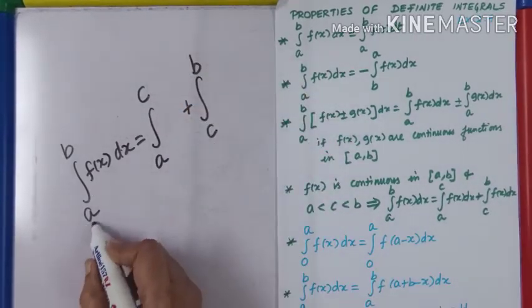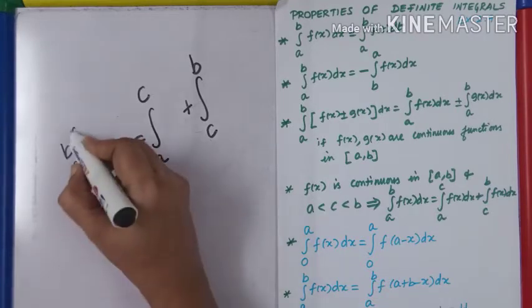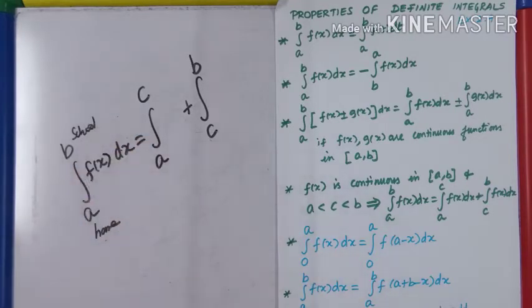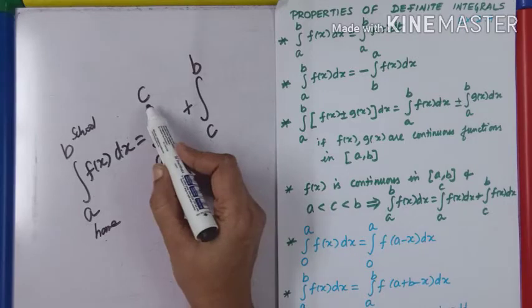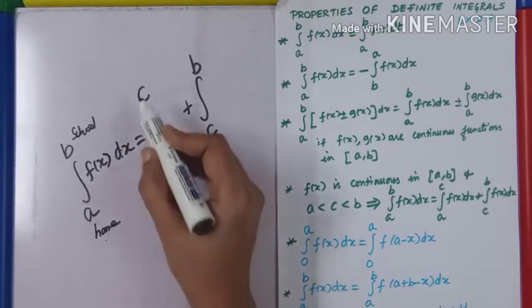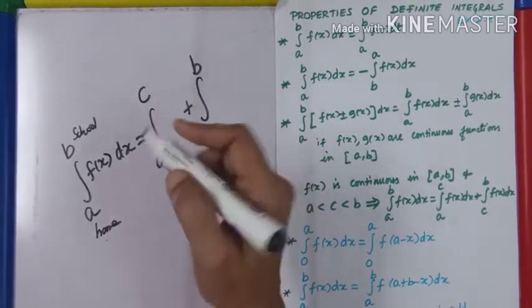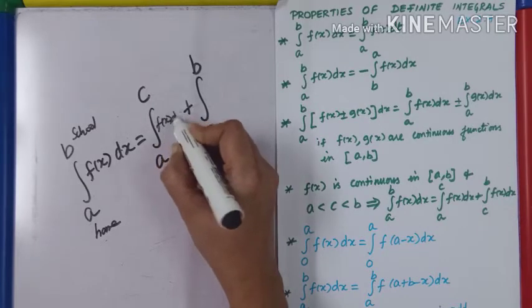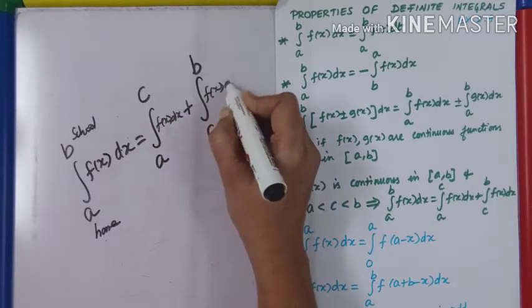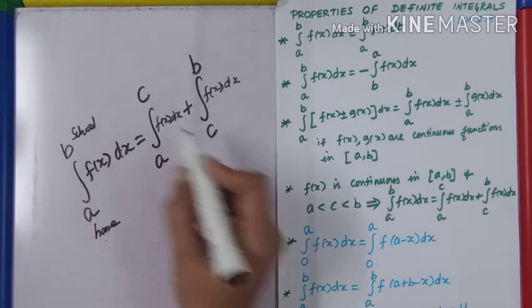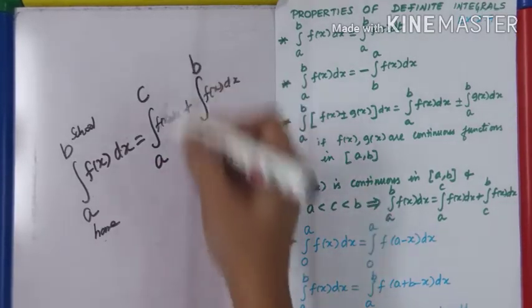So, A is your home and B is your school, but in between you can stop at your friend's place. So, A to C plus C to B, the same old function. You can remember, I can cancel this upper and lower. Finally, I arrive at A to B.